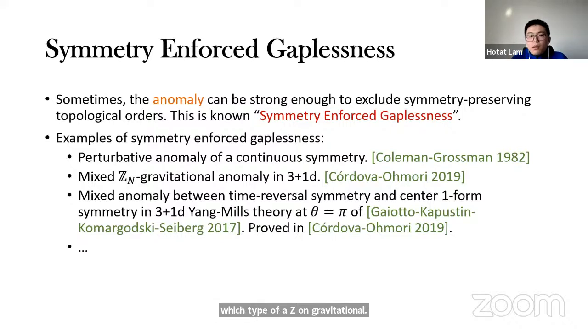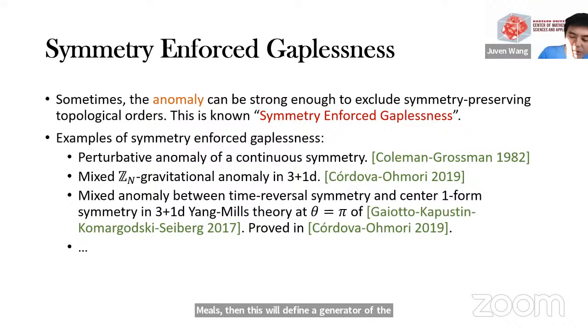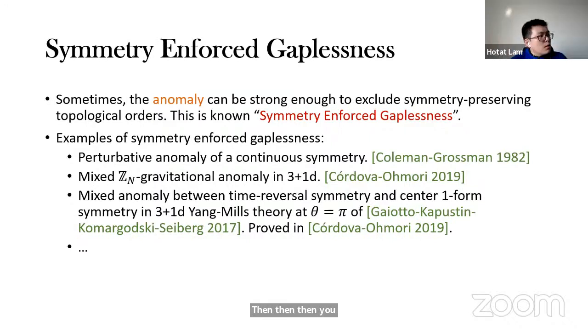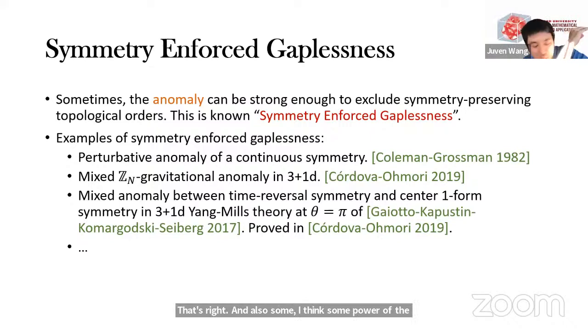Oh, it's the one that I mentioned. Let's say it's a single chiral fermion, then this will define a generator of the anomalies. And then I think you need the generators raised to certain powers. Okay, the generator, yes. Will the generator already do the job? Yeah, that's right. And also, I think some powers of the generator also do. Yeah, maybe.